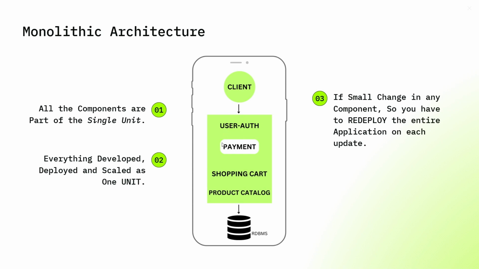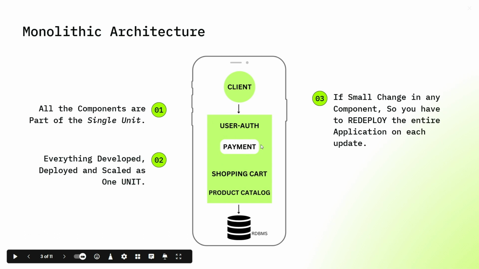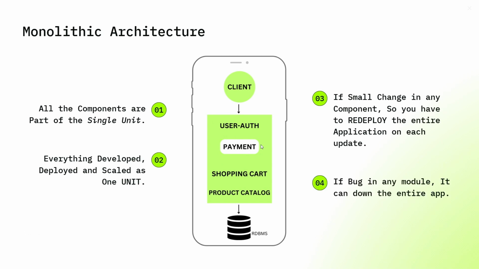For example, if you make any change in this payment module, you have to update the whole application. And if there is any bug or error in any component or module, it can even bring down the entire app. So that is a monolithic architecture.